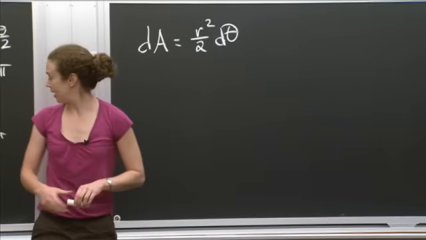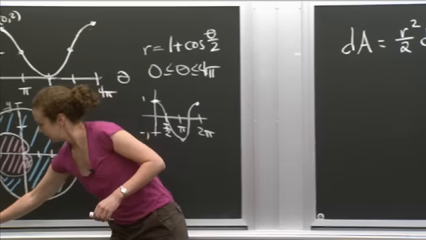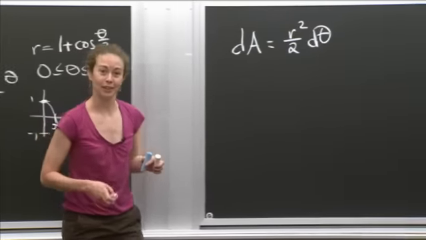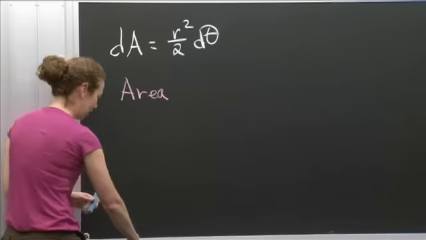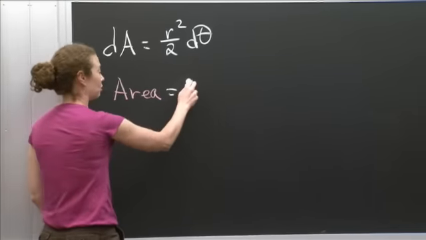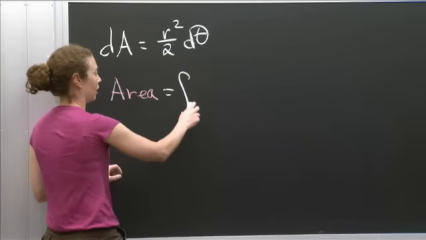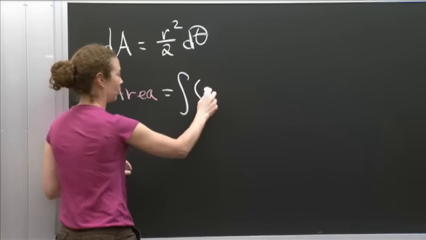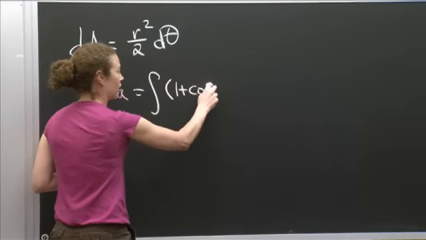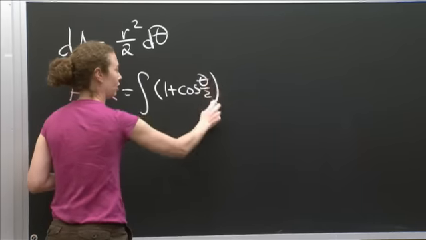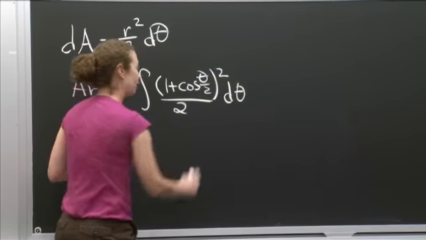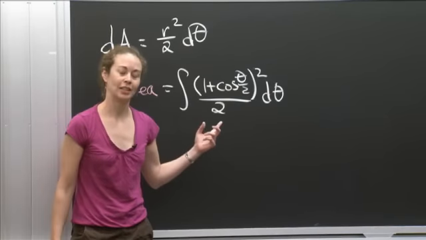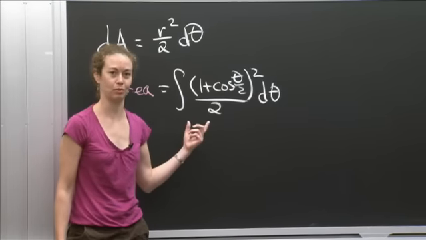So if I want to find, actually I should even use my colors appropriately, the pink area is going to be equal to an integral. I'm going to write the r squared. I know what r squared is. It's 1 plus cosine theta over 2 squared, and then an over 2 d theta. And what is important about this? It's our bounds, right? Our bounds are what's important.